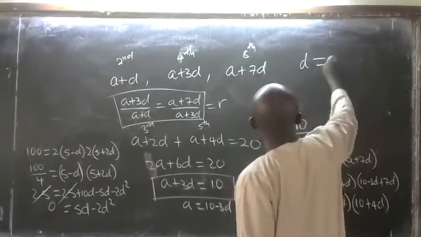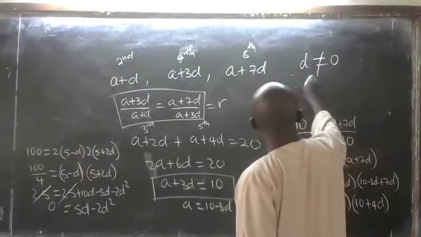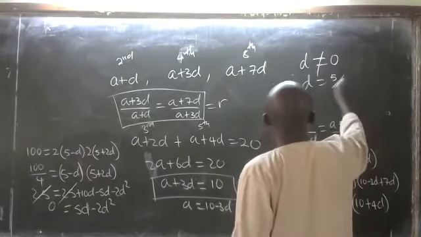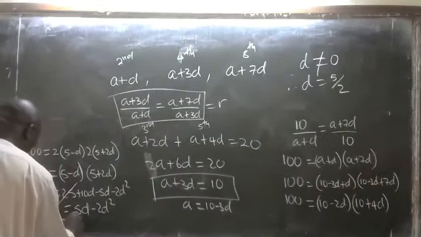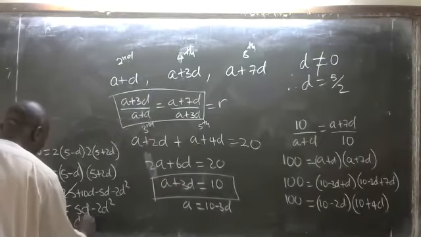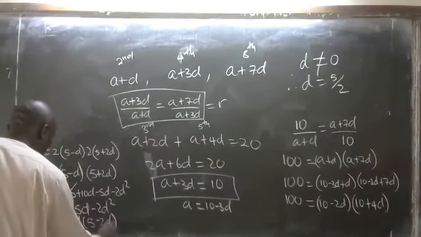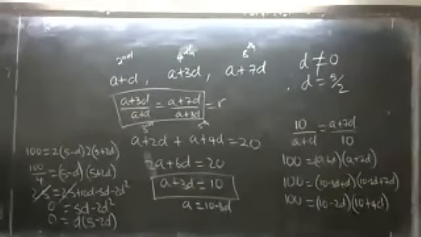These are the two answers you can get from here. You factorize out D, now 5 minus 2D, then you find that D is either 0 or D should be 5 over 2. But D cannot be 0.